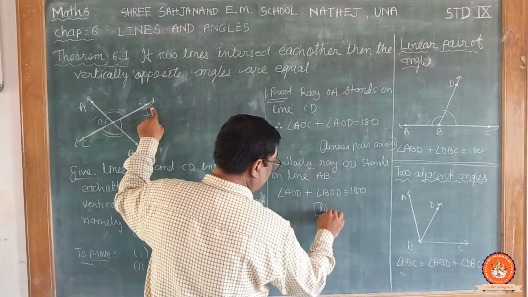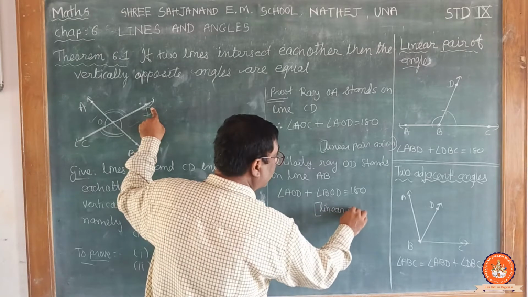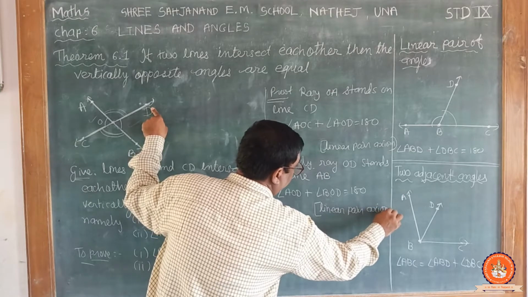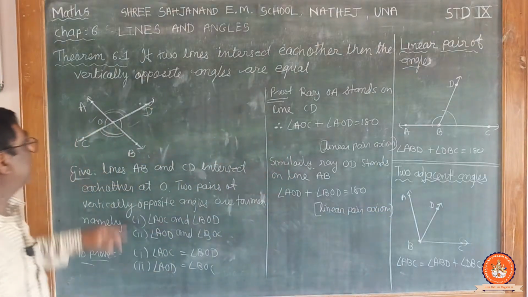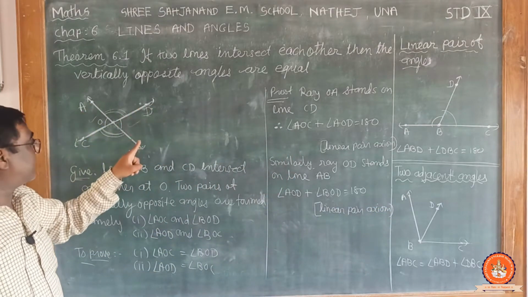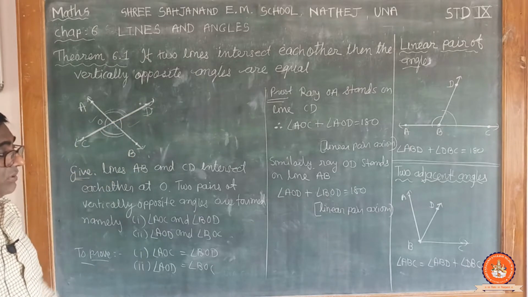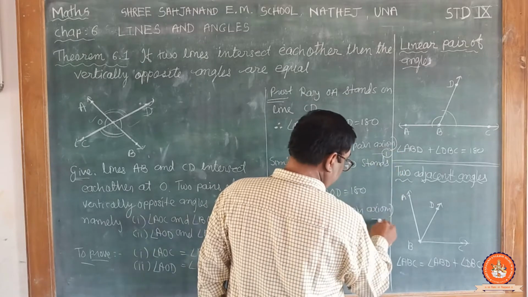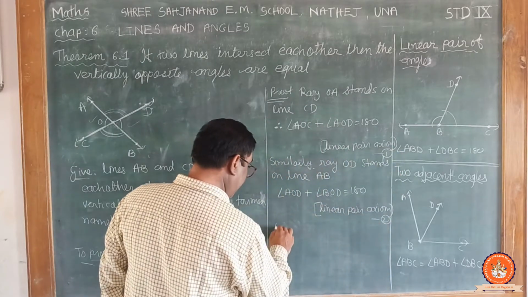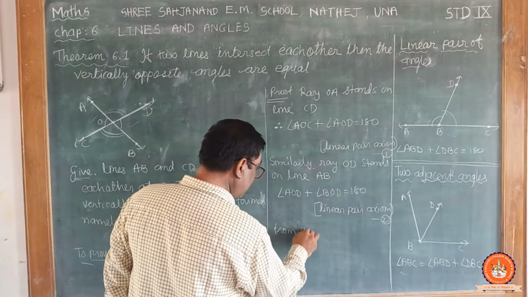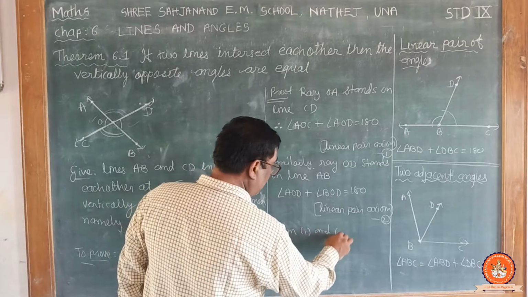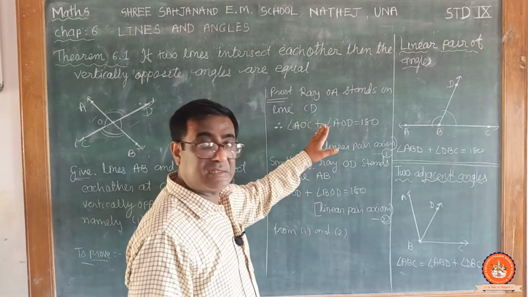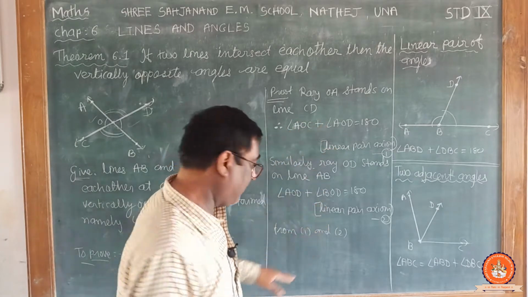Once again, it's a linear pair axiom. Now this is result number 1, this is result number 2, and from 1 and 2, both are equal to 180. So the left hand side of both the equations will be the same.